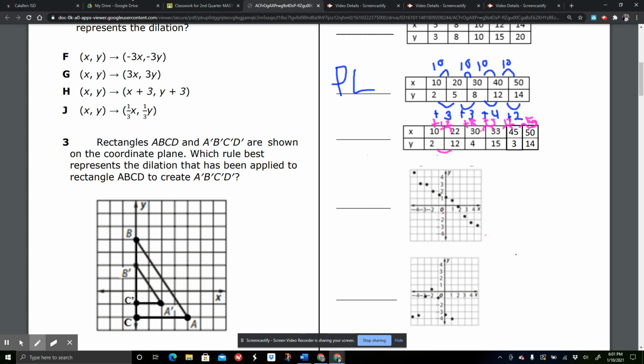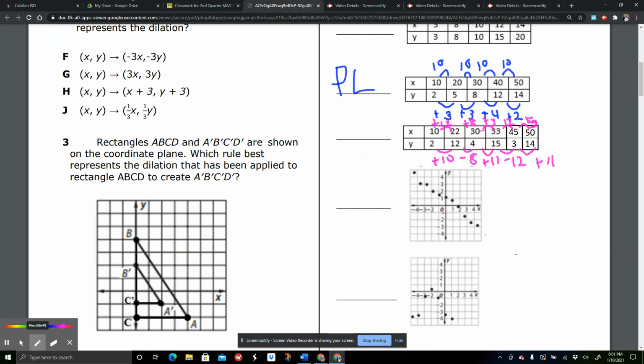Then you have plus 10 from 2 to 12, but then you go minus 8, and you're going to go plus 11, and then minus 12, and then plus 11. When you have this plus and then minus and then plus and a minus, and those are pretty big numbers to be different also, that graph, if you were to graph that out, that's going to be very scattered.